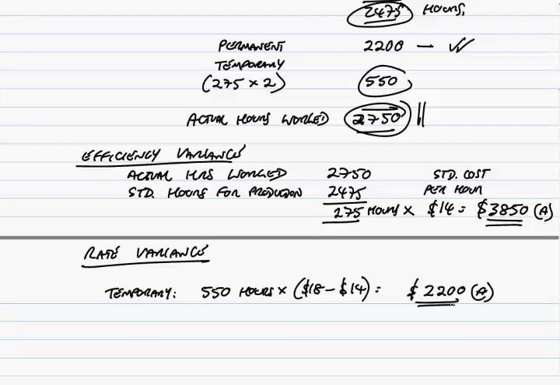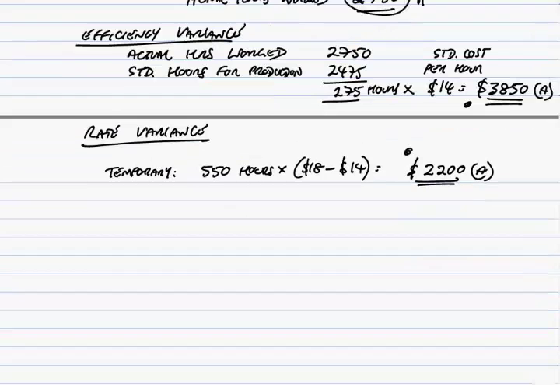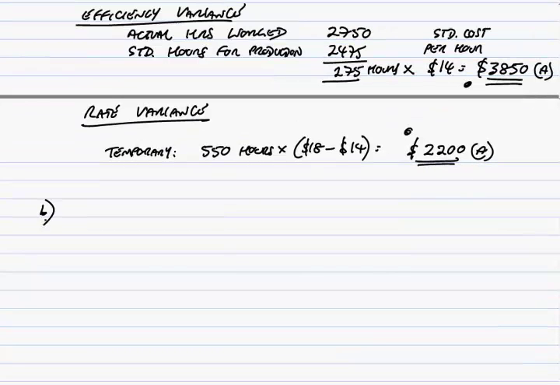And again it checks. The total of these two, 3,850 and 2,200, is 6,050. It agrees with the total labour variance at the beginning of the question. Okay, there's all the arithmetic. Now let's turn to part B.